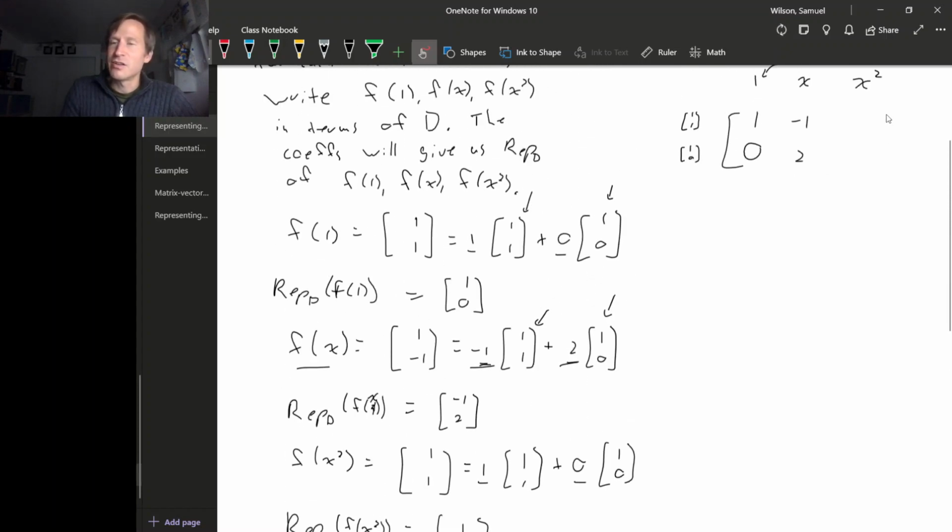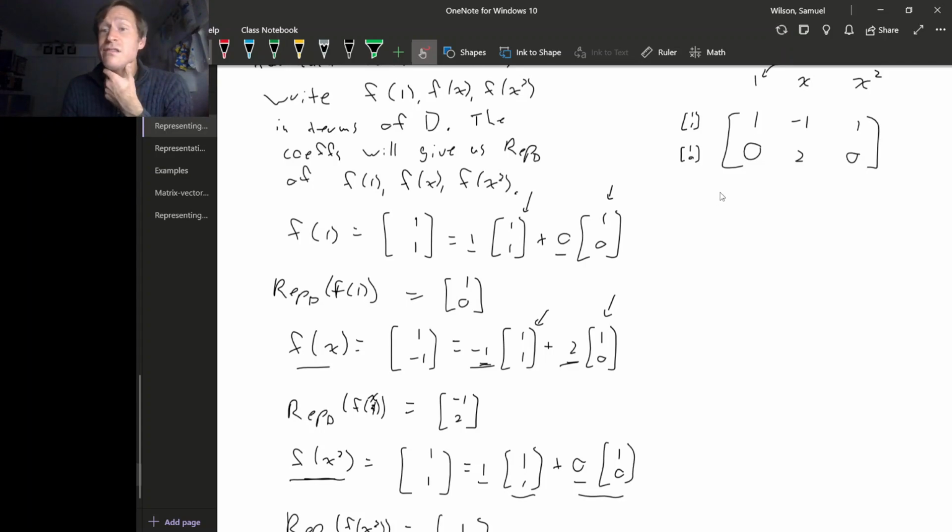So in our last column, the column corresponding to the basis element x squared, the coefficient for f of x squared for the basis element (1, 1) is 1. And then the coefficient for f of x squared for the basis element (1, 0) is 0. Okay.